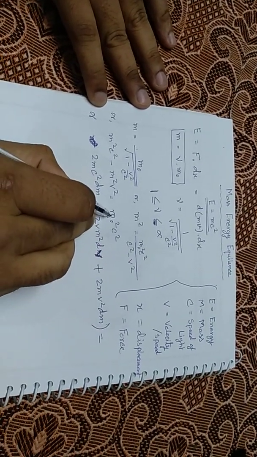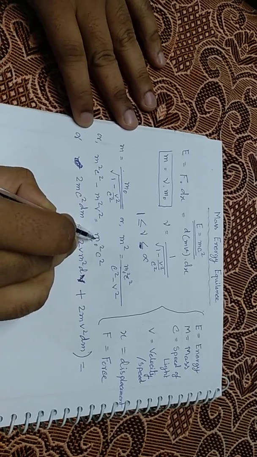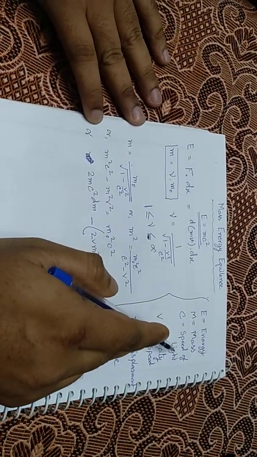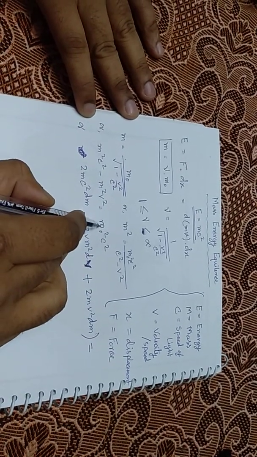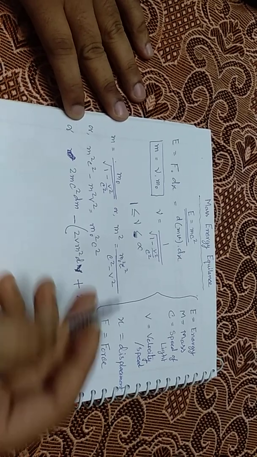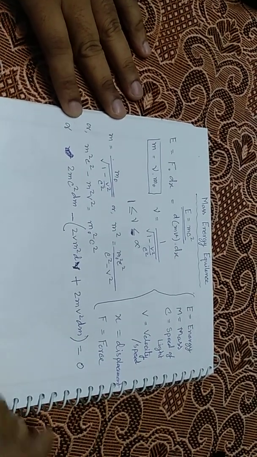Now m0 is mass at rest, which is constant, and c is the speed of light, also constant. So m0 square c square is constant, and the differentiation of a constant is always 0.